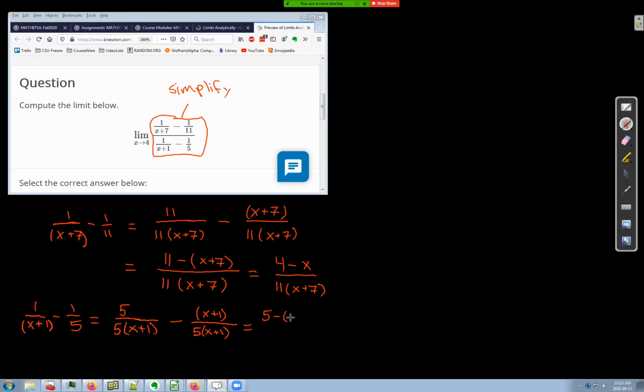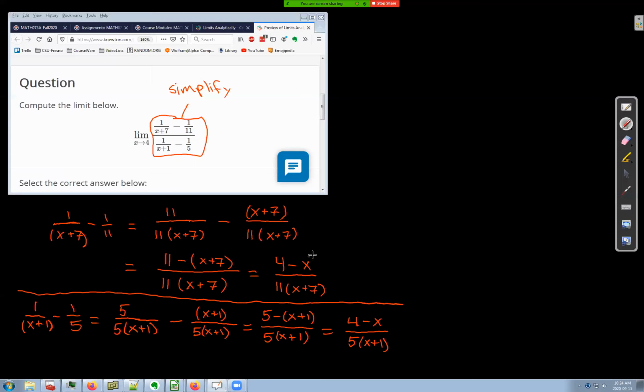So I get 5 minus x plus 1 divided by 5 times x plus 1. And then in the numerator, 5 minus 1 makes 4. So this will be equal to 4 minus x divided by 5 times x plus 1. Okay, so I should have used different colors, but maybe I'll draw a line here to separate these.